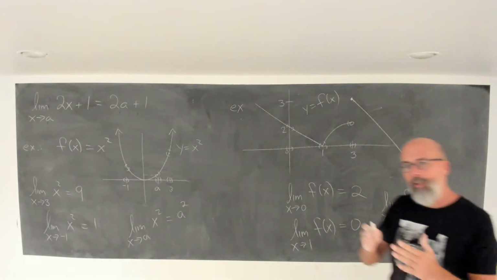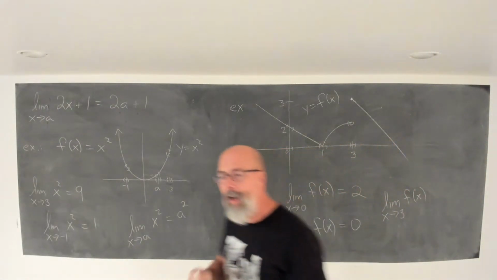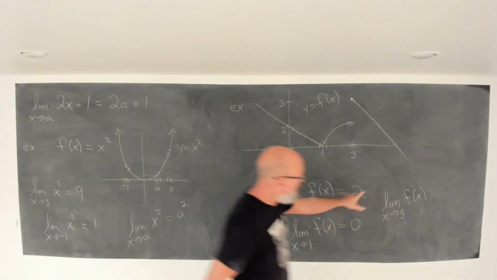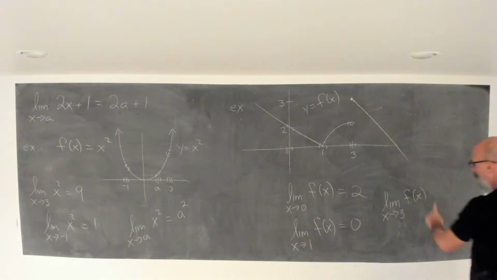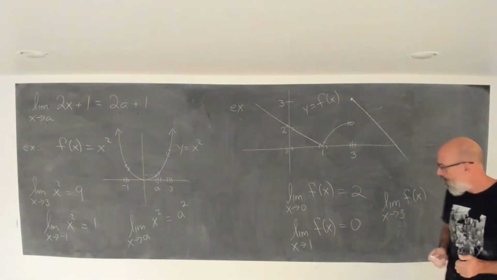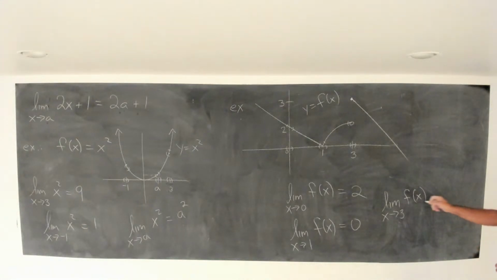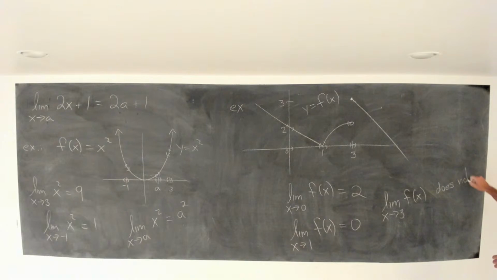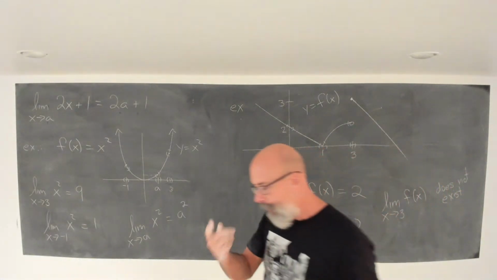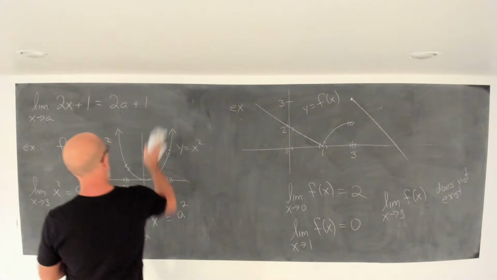So there isn't a unique value here. The behavior isn't going towards one value, and consequently, we say that this limit does not exist. The behavior cannot be described in a single value.